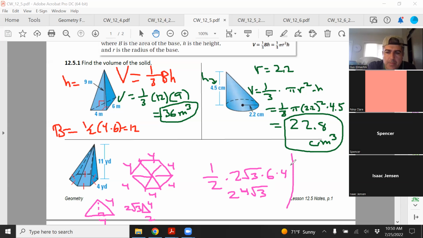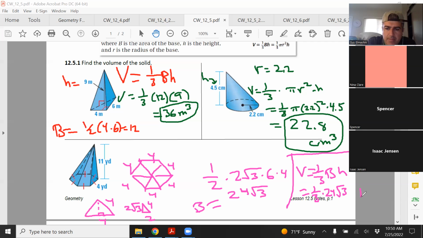And the volume, of course, is 1/3 times the base times the height. The area of the base is 24√3. And that's supposed to be H. Sorry, it looks like 6, or a little b.